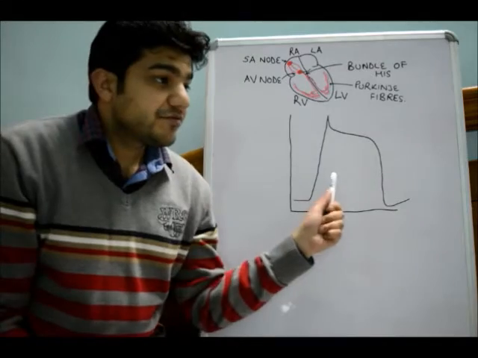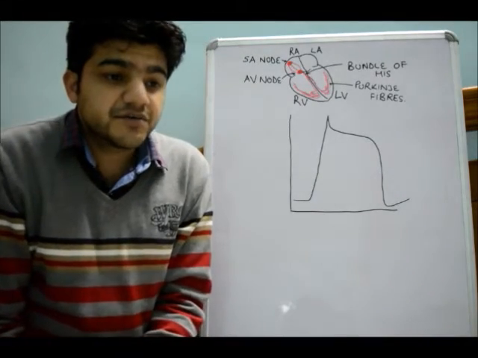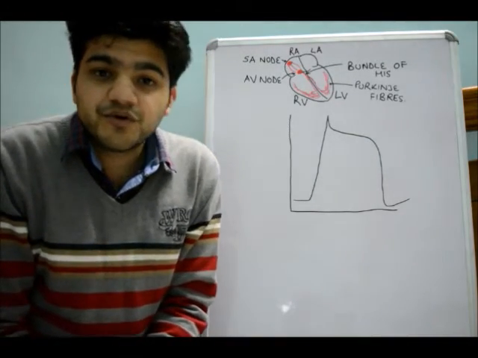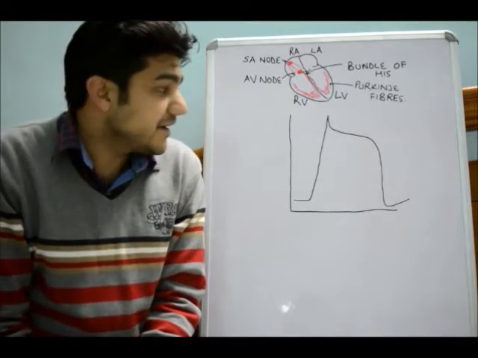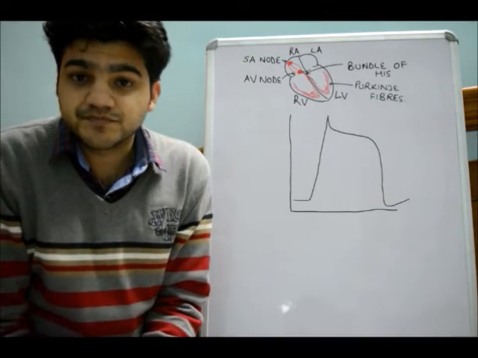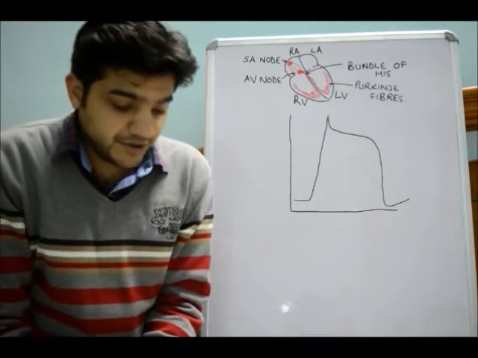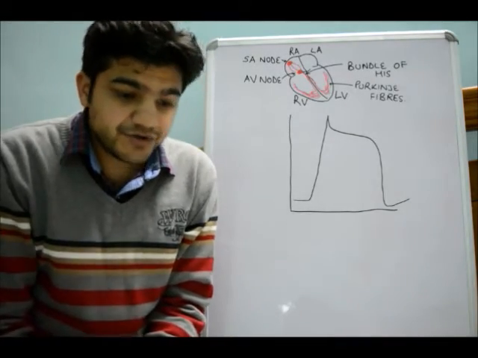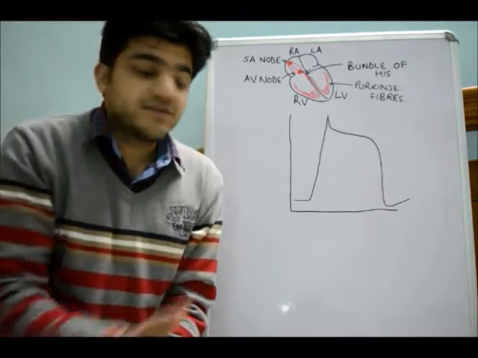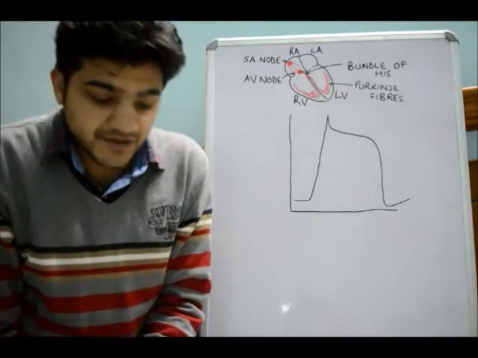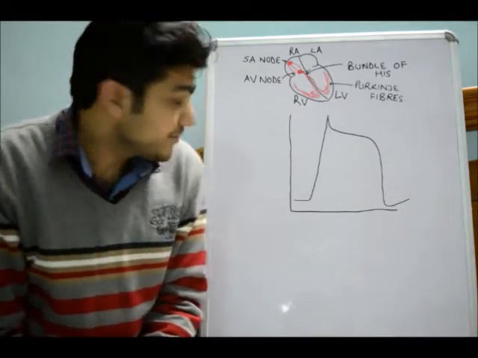But in case of these cardiac cells, there is one more ion which is responsible, and that ion is calcium. Now how this calcium contributes, I will be discussing when I discuss this action potential graph.